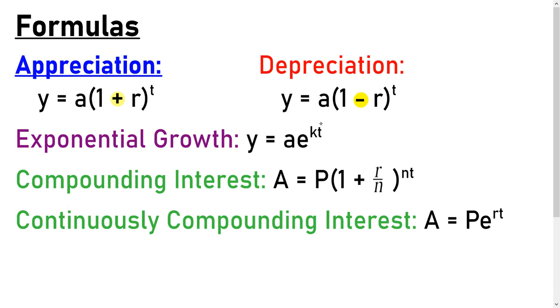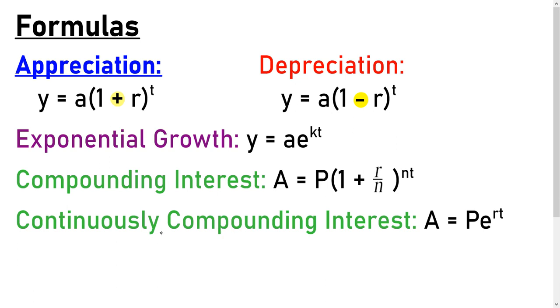We're going to go over what all of these mean in just a minute. But this is your generic exponential growth formula. If we're dealing with money, which is why the text is in green, we could be dealing with compounding interest, which is periodically compounding interest, or continuously compounding interest. They are two different formulas.